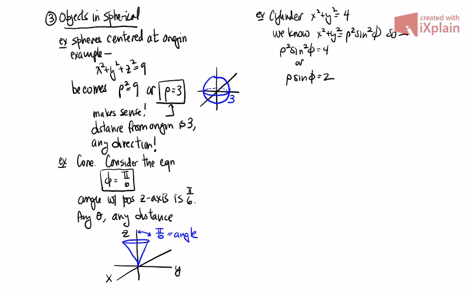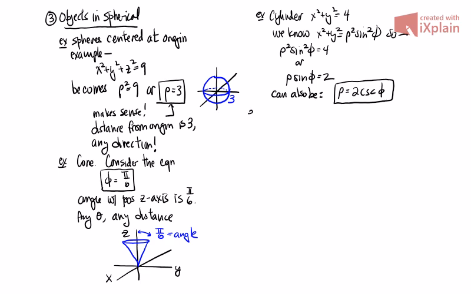Now, it's worth noting that very often when we're working with sphericals, we'll want to solve for rho. So this can also be written as rho equals 2 cosecant phi, or 2 over sine. I want to do this one because it's a bit peculiar. It's not obvious when you look at it, it's a cylinder, but it is.